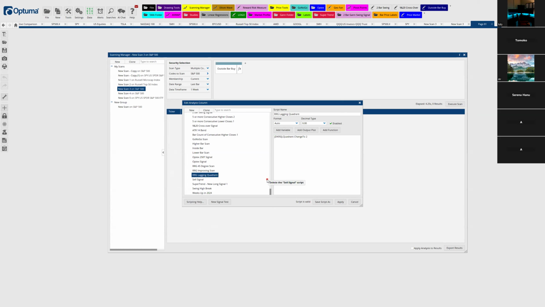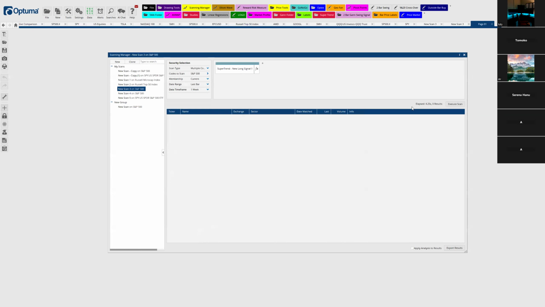So I'm gonna stay in the server. You can do the long one. That's a super trend long. Here you go. These are super trend long signals.